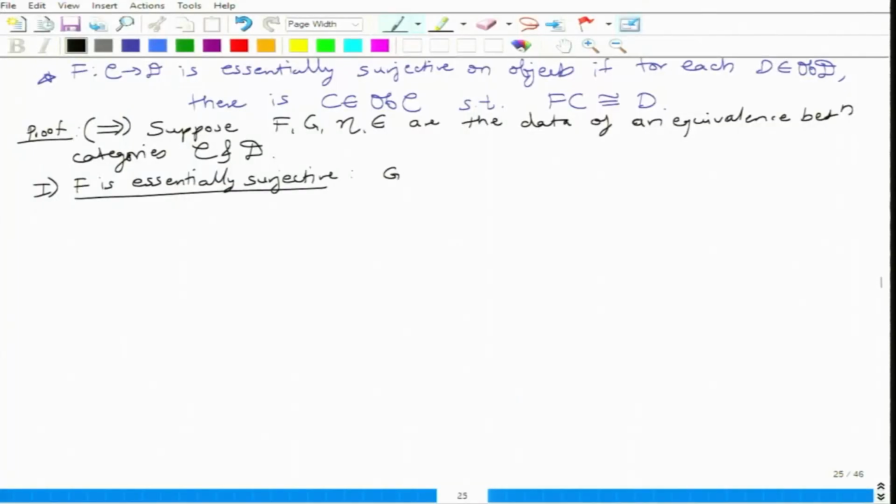Every object is isomorphic to an object in the image of F. So given some D in D, which object is isomorphic to D and which belongs to the image of F? From this basic data, F, G, eta and epsilon, can you tell me?